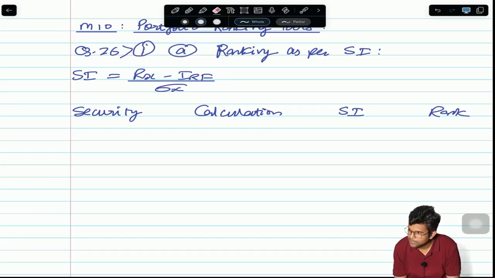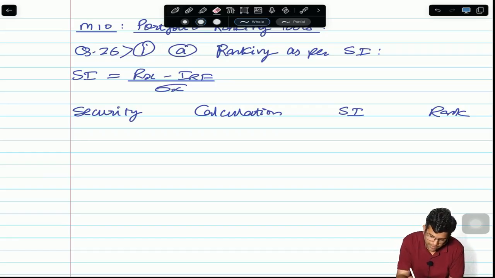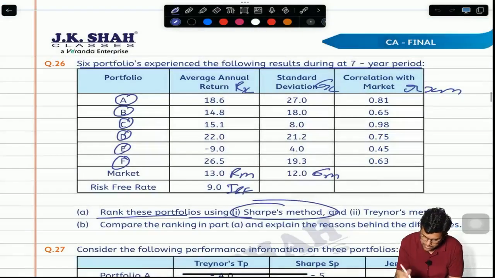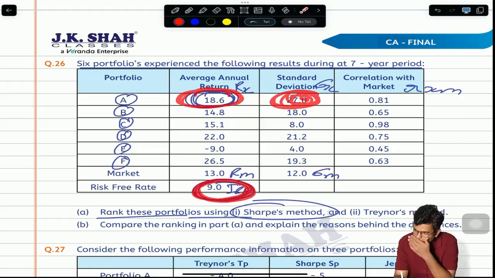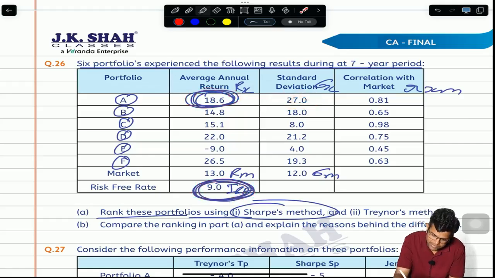Done? Write down security A. How will you calculate Sharpe's index? It will be Rx minus IRF, look at it again, Rx minus IRF divided by sigma. Everybody clear? Divided by sigma. 18.6 minus 9 upon 27.